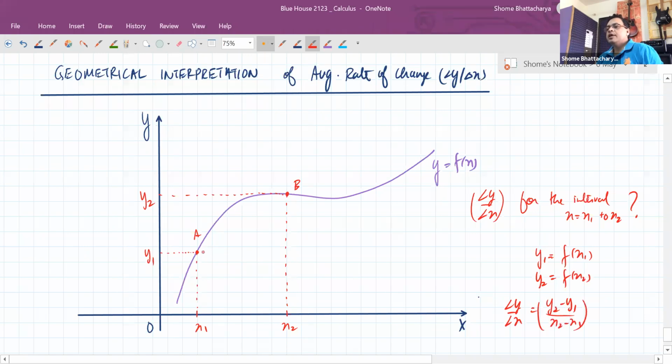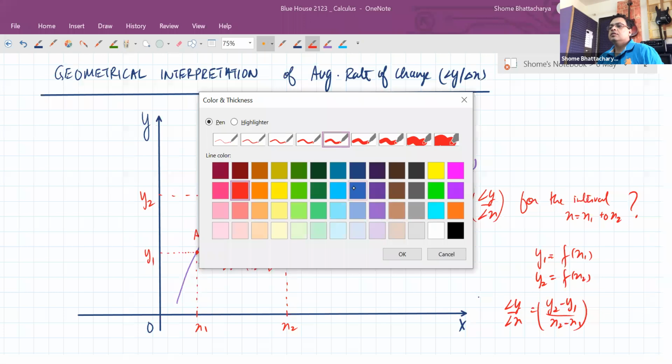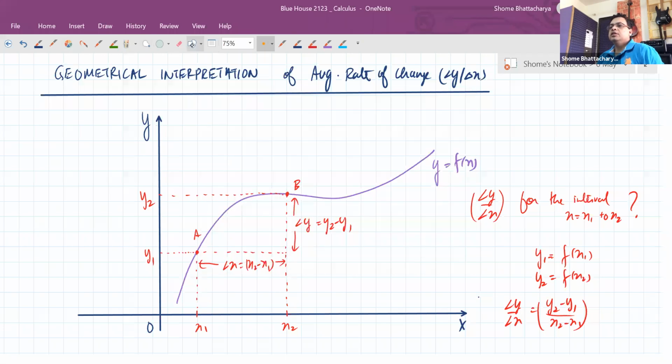So we interpret what y2 minus y1 and x2 minus x1 are in this graph. You'll see that this distance here is delta y, nothing but y2 minus y1, and this distance here is delta x, or x2 minus x1. So if I join the points A and B by a straight line, then the quantity delta y by delta x is nothing but the slope of the straight line.